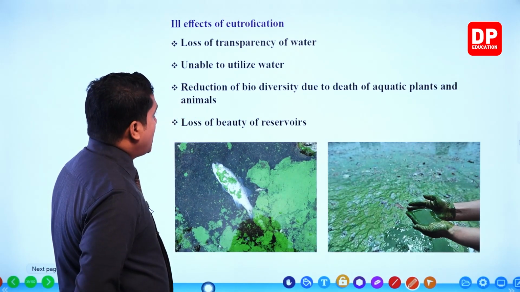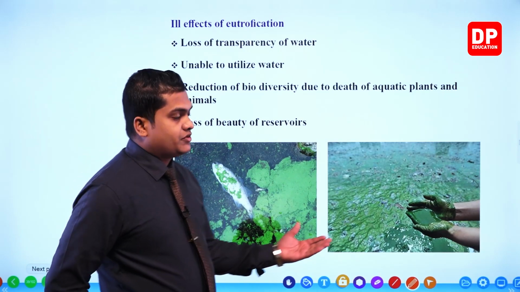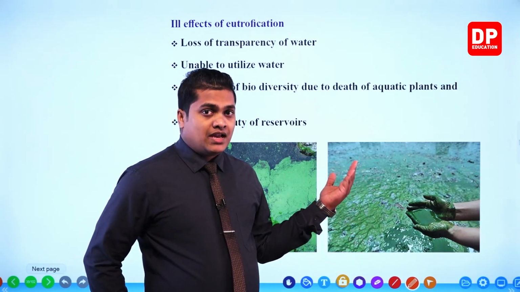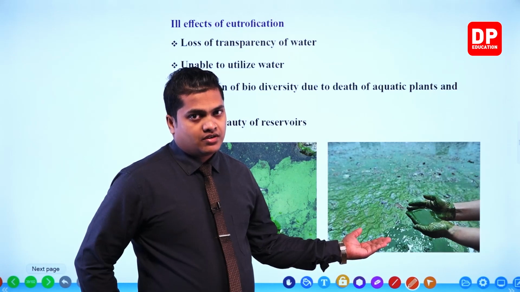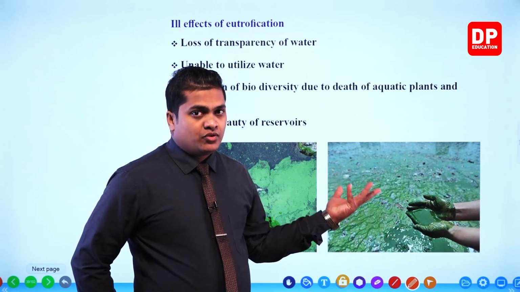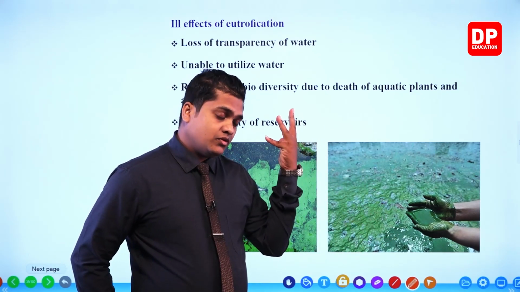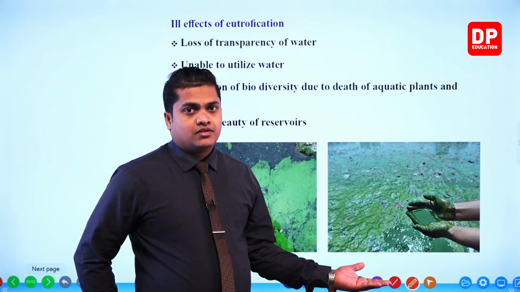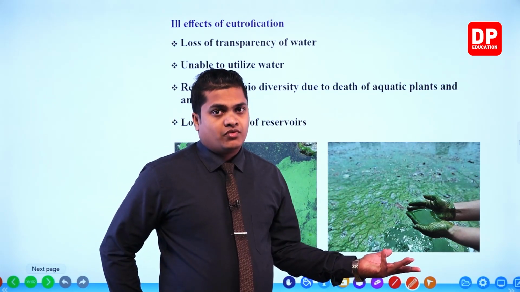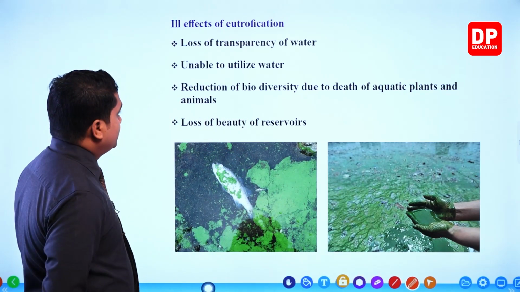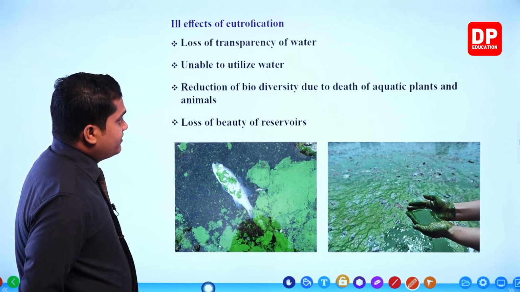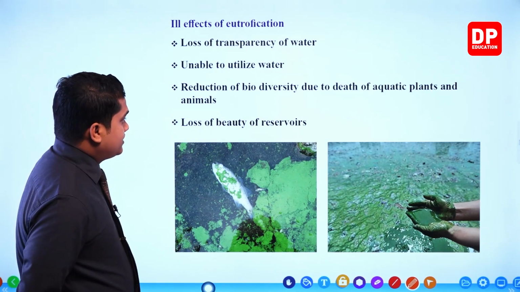Next one, unable to utilize water. Now you know that we won't be able to even wash our hands or wash our clothes using this water, right? So we won't be able to utilize this eutrophicated water for any kind of purpose. Next one, reduction of biodiversity due to death of aquatic plants and animals.